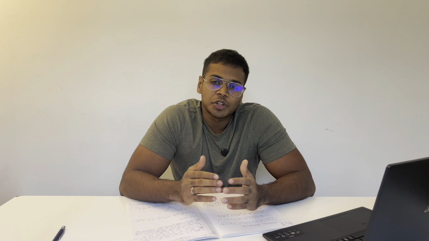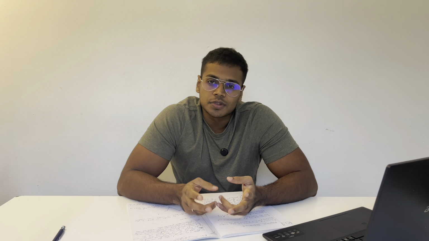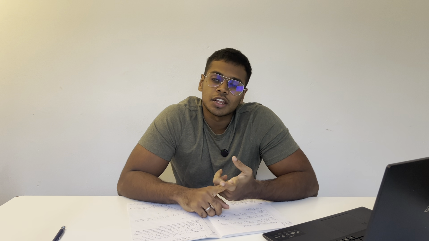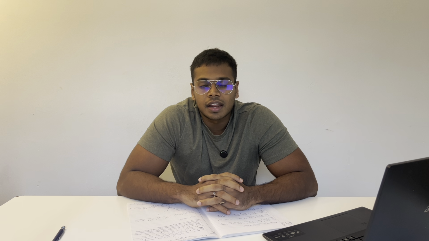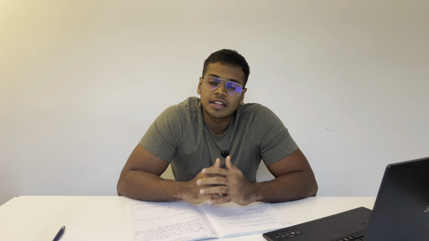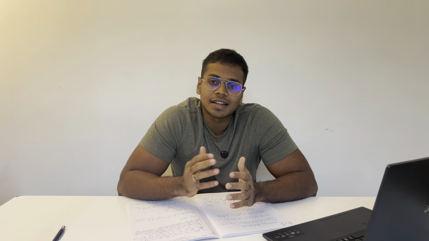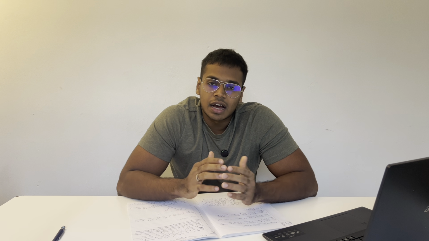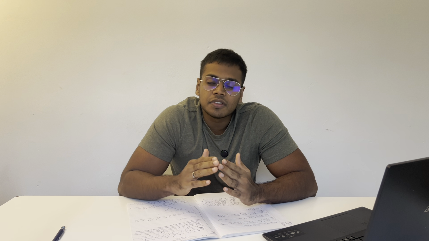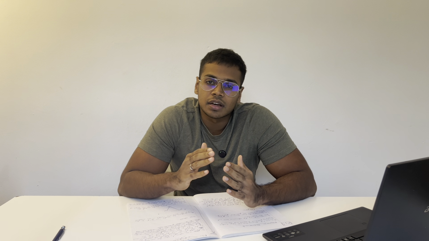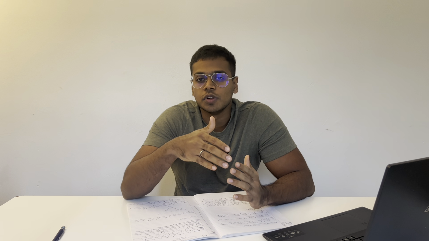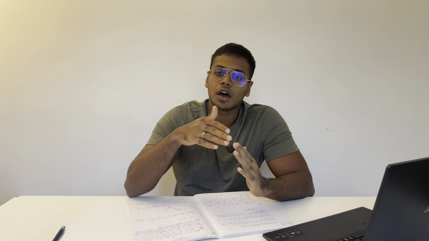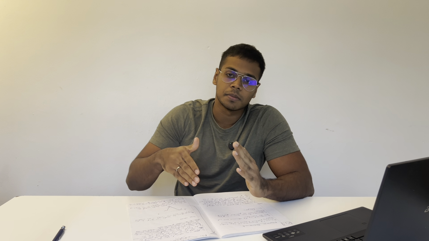Basically, when you are using the Fibonacci tool, there are two scenarios. The first scenario would be if the actual market is in an uptrend, meaning it's making higher highs and higher lows. After some point, if the market makes lower lows and lower highs, we could use the Fibonacci tool and see where the downtrend is going to go to its maximum level.